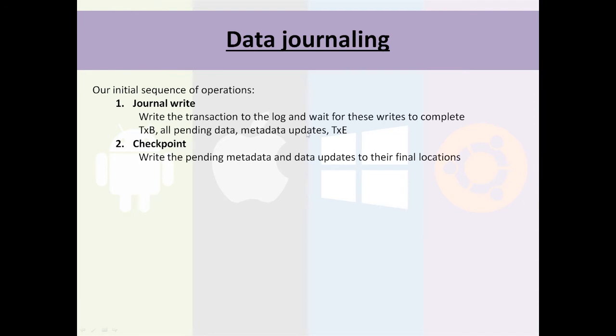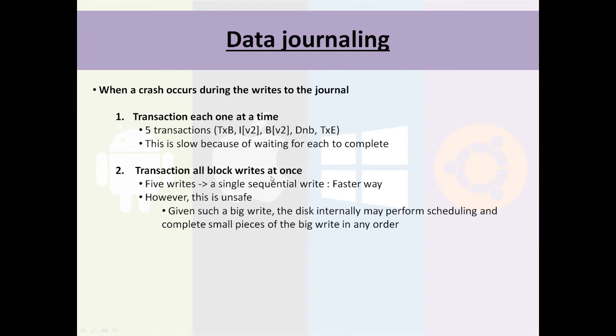And that's what you can see here. So our initial sequence of operations with this data journaling is to journal write. So write the transactions that we want to perform into the journal. Okay. And then once that is successful, then we can actually do the writes. So how does this affect when crashes occur?